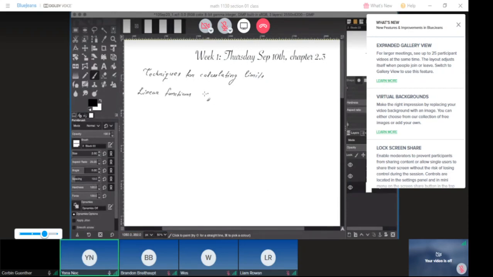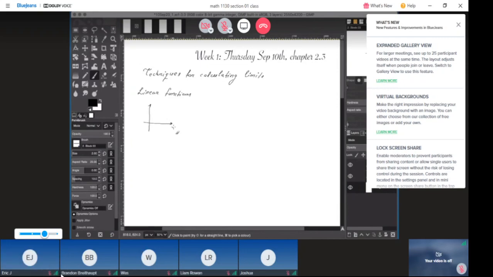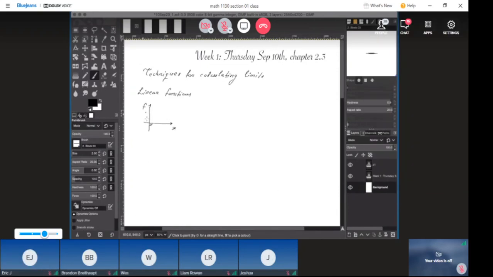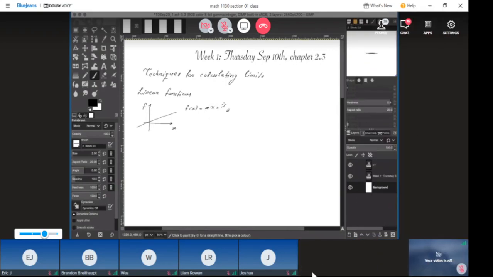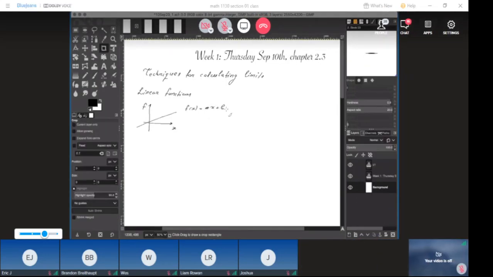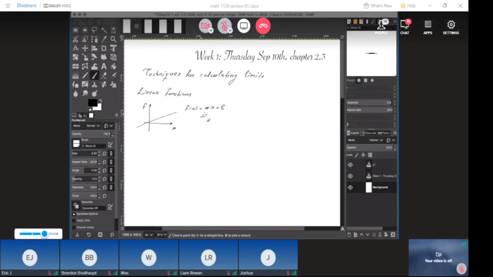Basically, if we have a line on a graph, so f of x is some m x plus b, the familiar linear formula with m being the slope and b being the y-intercept.